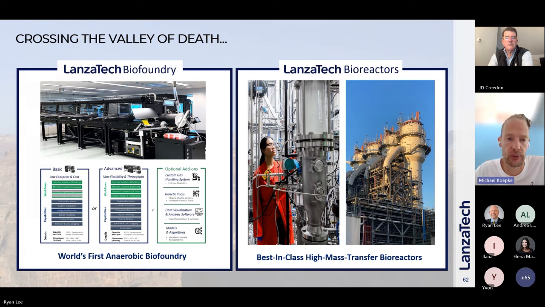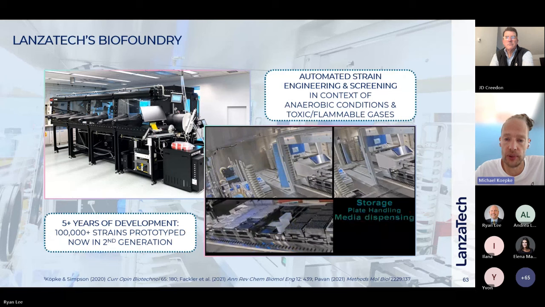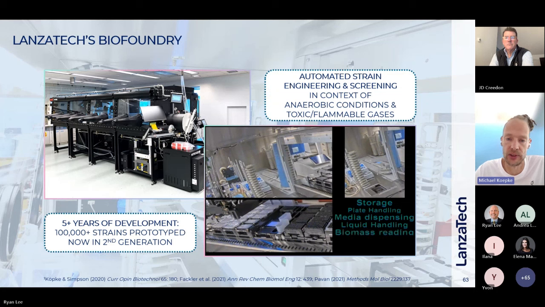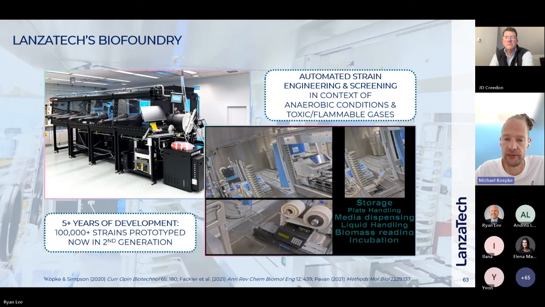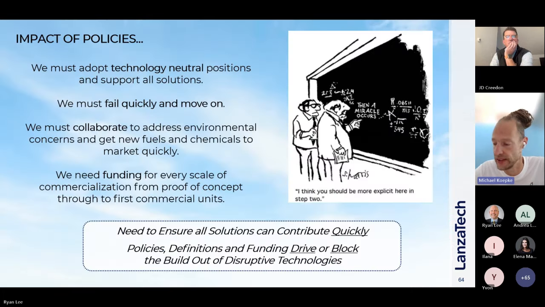For example, we developed, if you go to the next slide, an anaerobic biofoundry, where we can enable automated strain engineering in anaerobic or contained conditions and in different environments, including toxic, flammable gases. We do think this is a capability that could enable other technologies as well, so we spent a lot of time developing that.